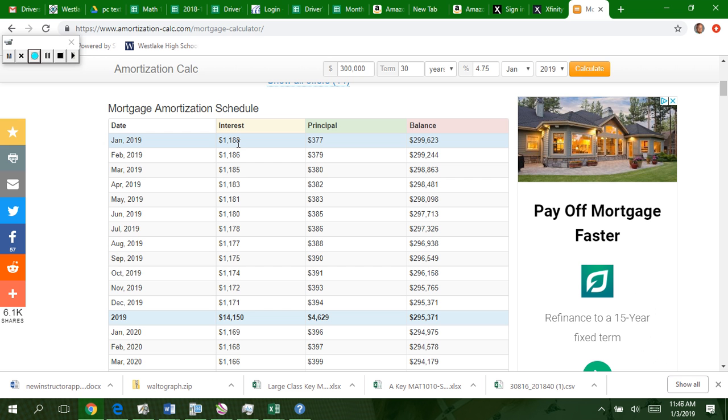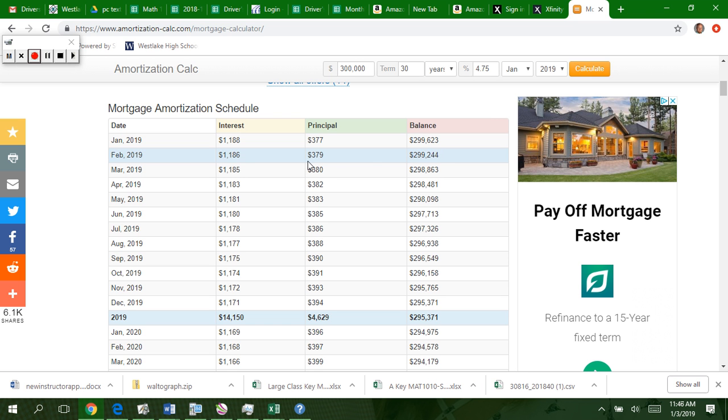Out of that $1,500, your very first payment has almost $1,200 of it going to interest. You pay $377 to your principal. So instead of owing $300,000, now you owe $299,623. Did most of you guys know that? When you're paying that house payment, you're not paying a lot of it to your principal. You're paying most of it to interest.